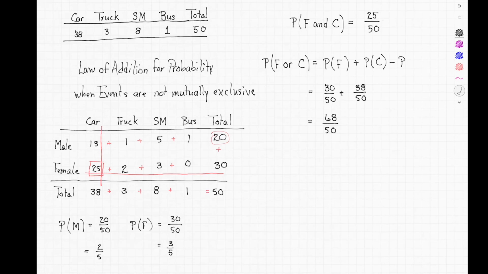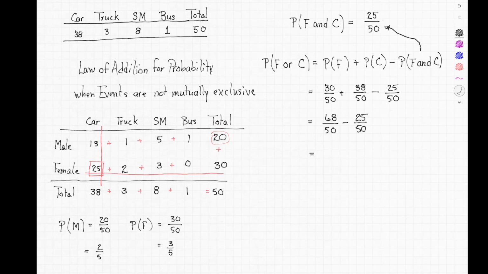Okay, now we can subtract the probability of the female and driving a car. We have to subtract the overlap that we counted twice. Well, we already found that. The probability of someone being female and driving a car is 25 out of 50. So now, our 68 out of 50, we subtract 25 out of 50 from that.